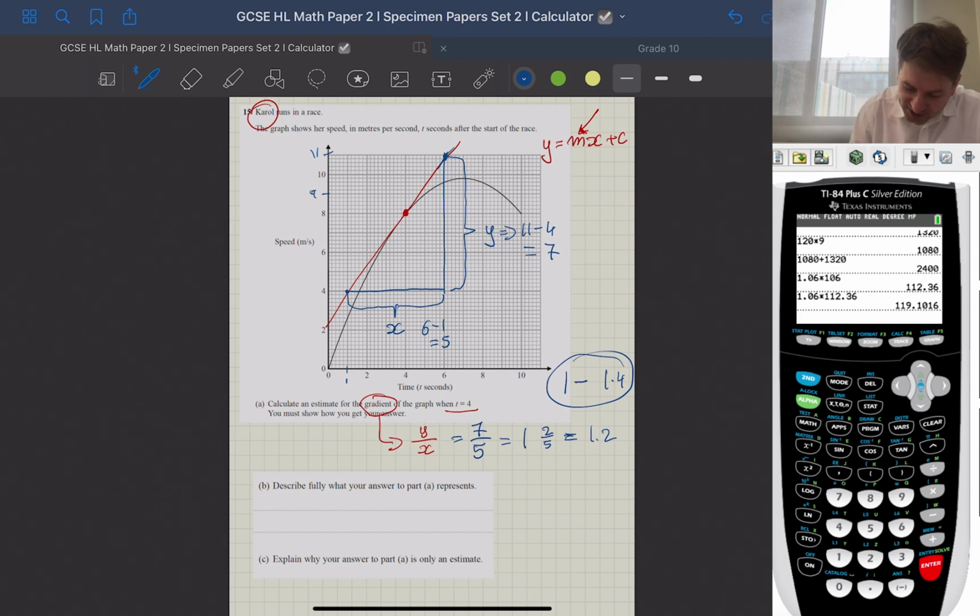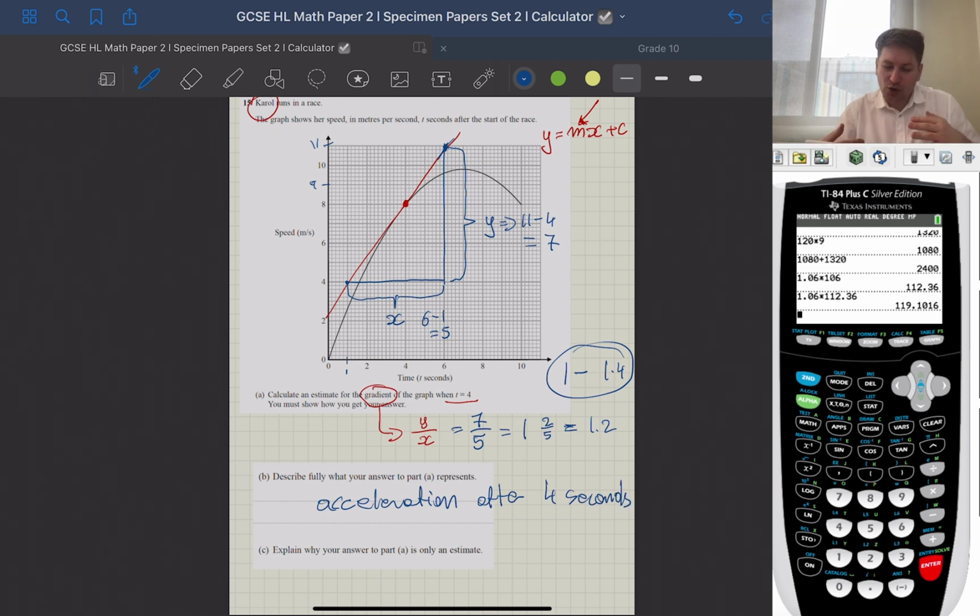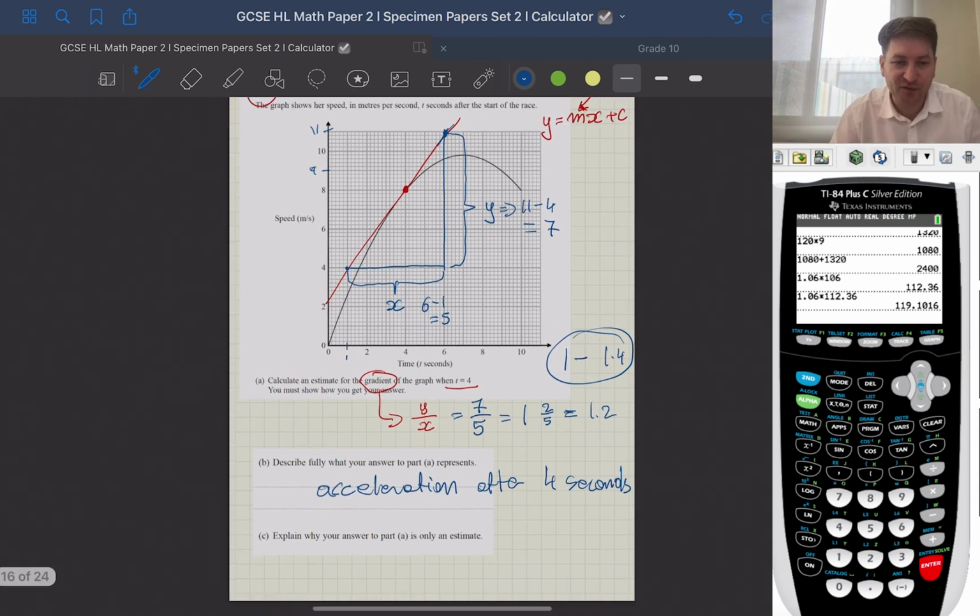Part A shows acceleration after 4 seconds, because they ask what the answer to part A represents. So part A means acceleration after 4 seconds, right? Because they say here at t equals 4.